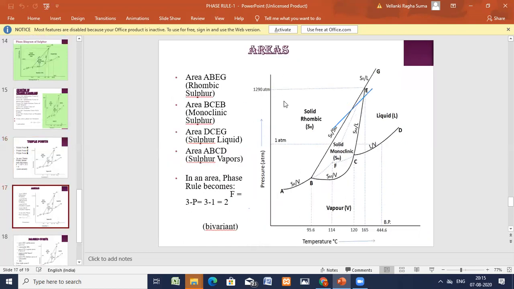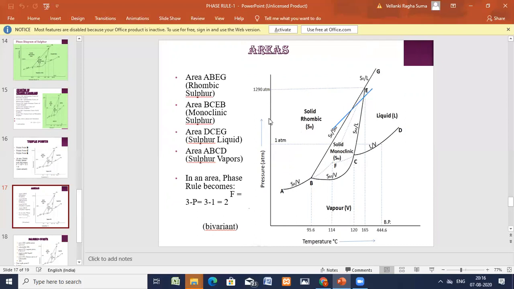Now in the areas, how you'll get to see. You are having 4 types of areas: A, B, E, G is one area. This complete one is rhombic sulfur.